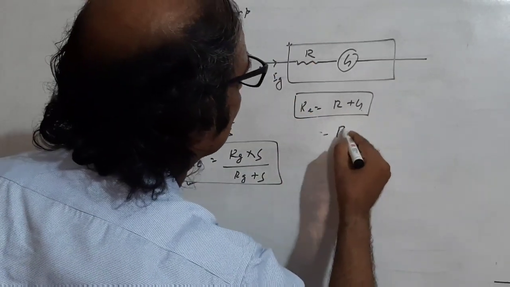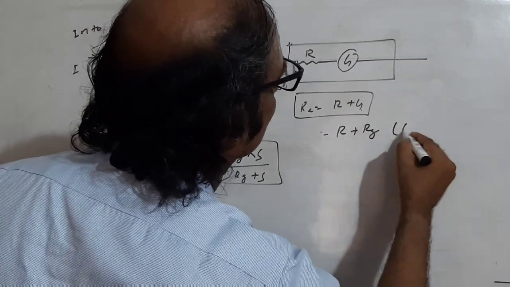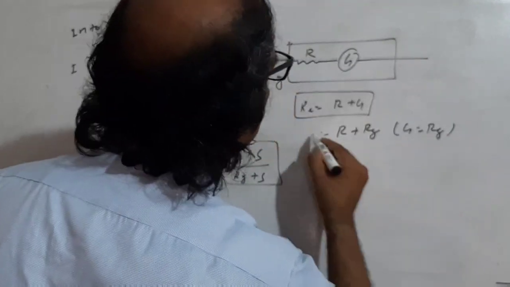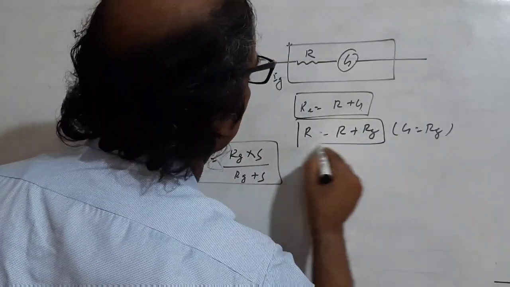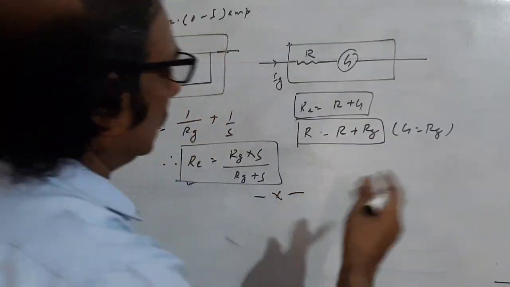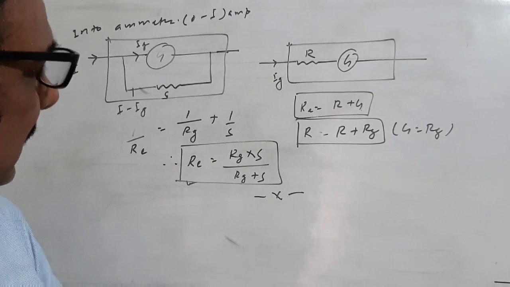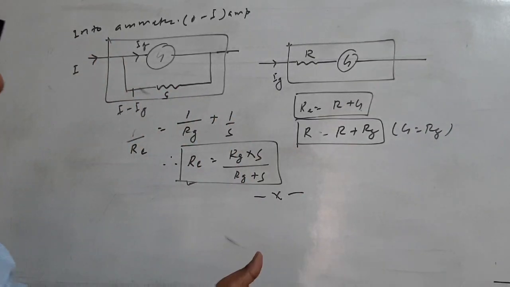In the voltmeter case, the total resistance is R plus Rg, where G is equal to Rg, the resistance of the galvanometer. So these are the two different conversions of the galvanometer into the ammeter and the voltmeter.